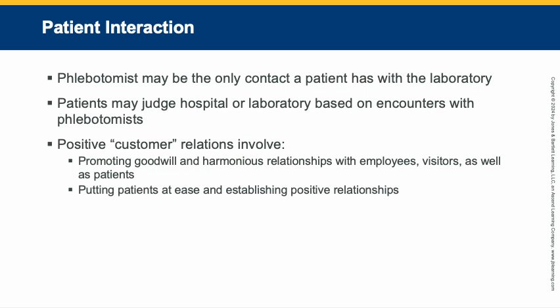Okay, so it's important that they have a positive customer relationship with you, treating everyone the way you would like to be treated, like the good old golden rule. That's the best way to be a phlebotomist. That's going to be the best way to put that patient at ease and have a positive relationship so that they relax and you can do your job.